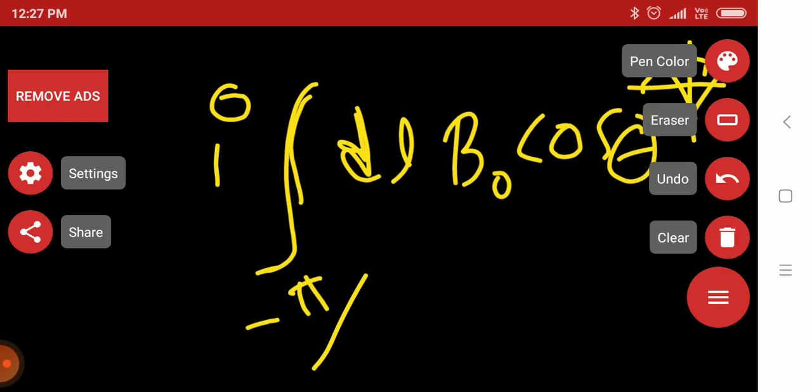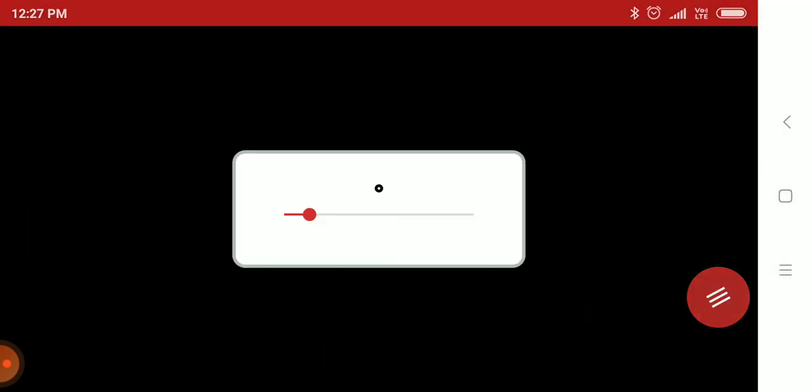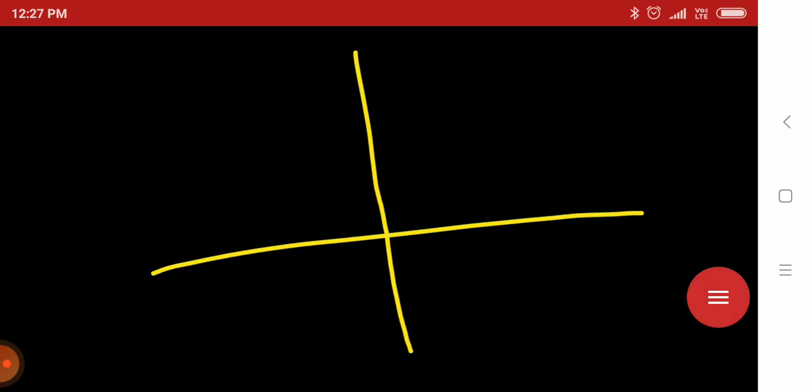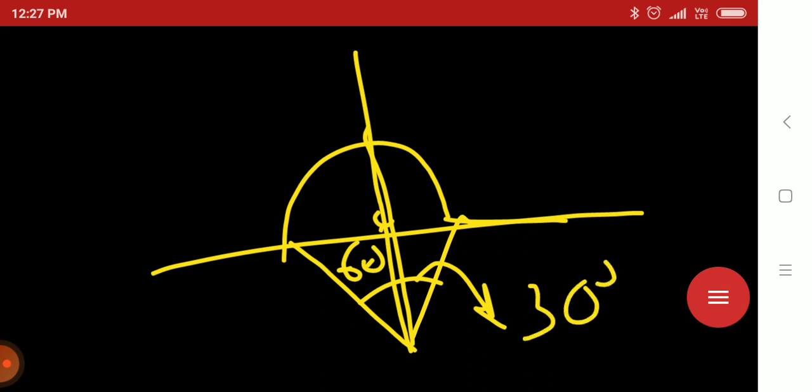Let me draw here. When we are drawing, it was the previous angle 60 degree. But when this division occurred, this angle is 30 and this other angle is also 30.